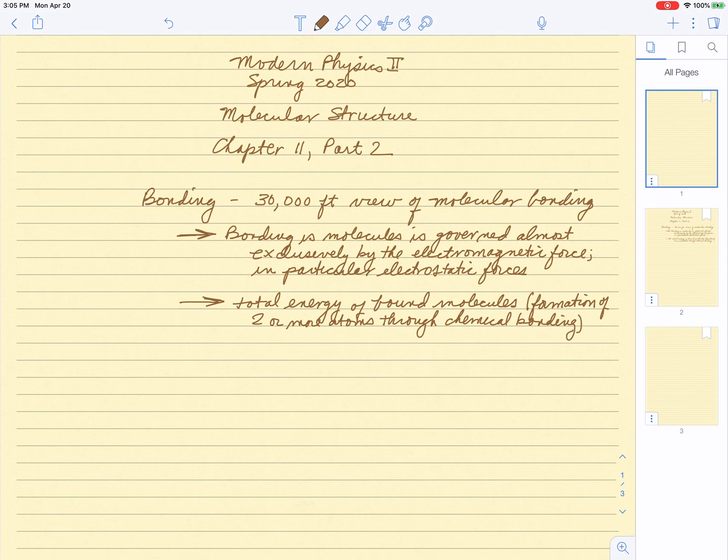So the total energy of bound molecules is less than the total energy of the separated atoms.